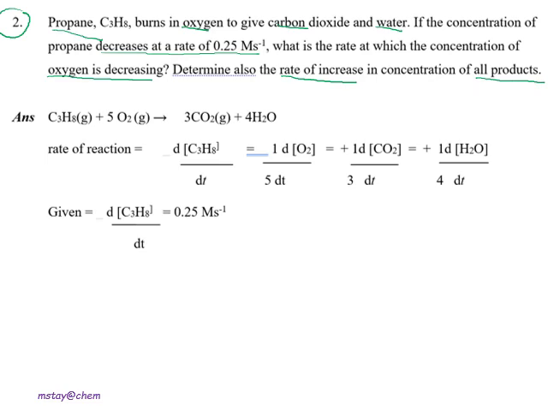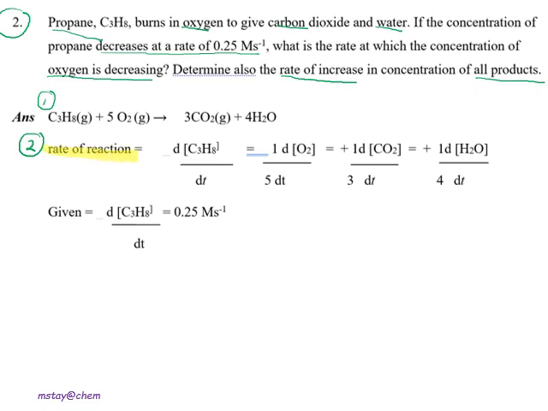So as usual, like what we discussed just now, first we need to write the chemical equation, and you have to make sure this equation is balanced. Second, we are going to write the differential rate equation. Do remember that the rate here refers to the rate of reaction.